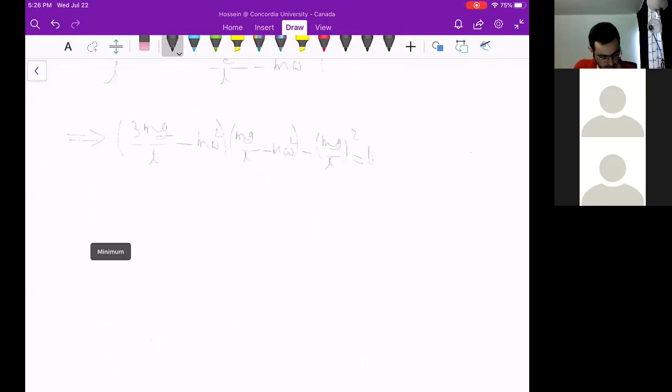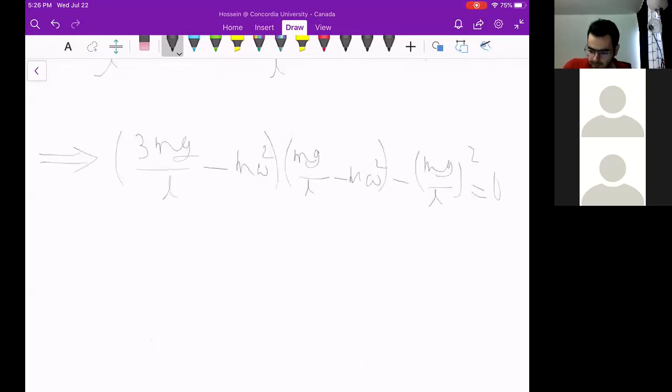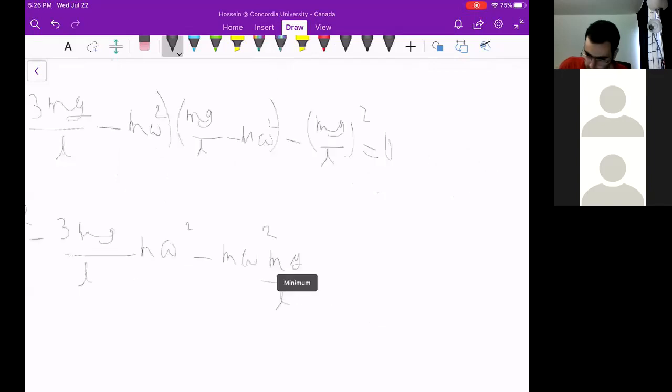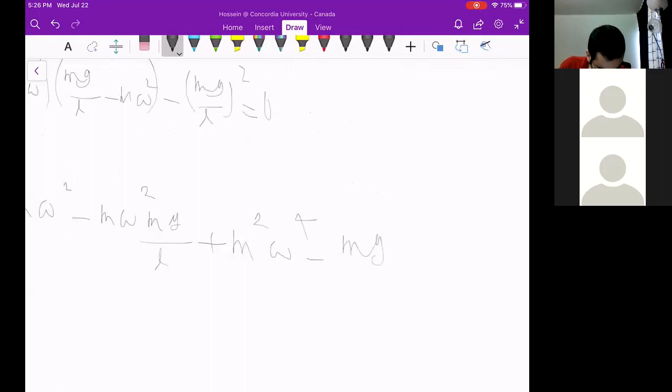Therefore, if I further simplify it, I will have 3 (mg/L) squared, minus 3 mg over L m omega squared, minus m omega squared mg over L, plus m squared omega to the power 4, minus (mg/L) squared is going to be 0.